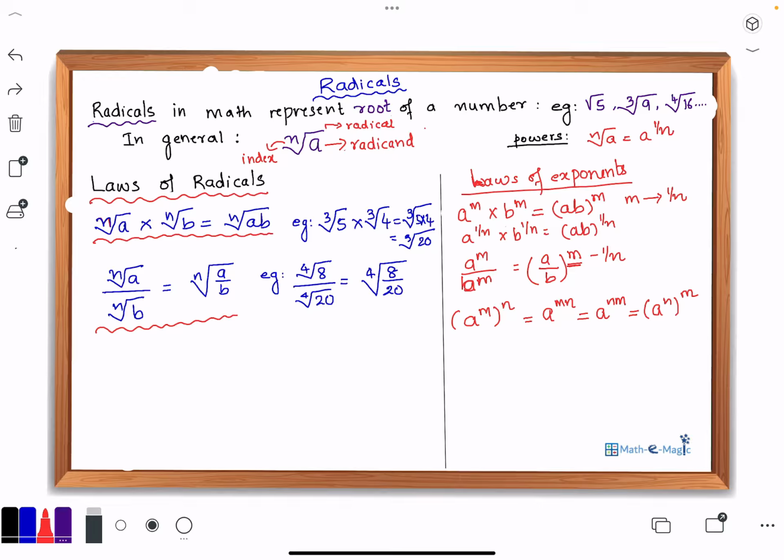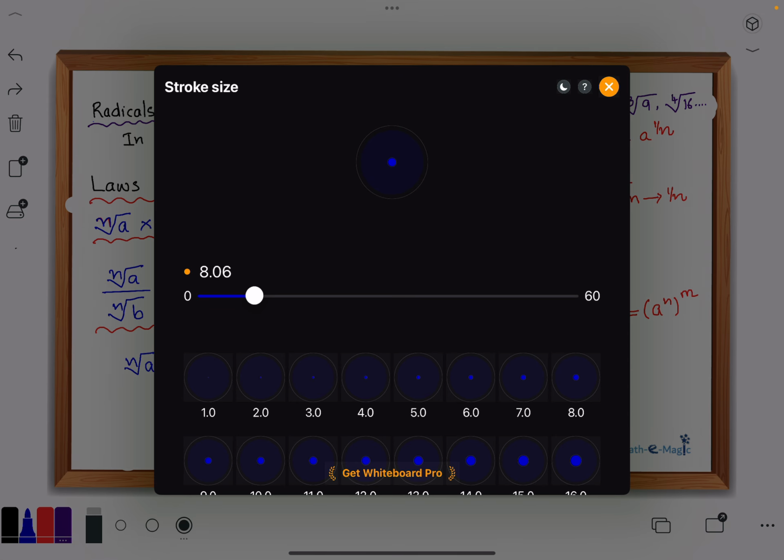Now in this one again, if I replace my m with 1 over m, and replace my n with 1 over n, I get my law of radicals.